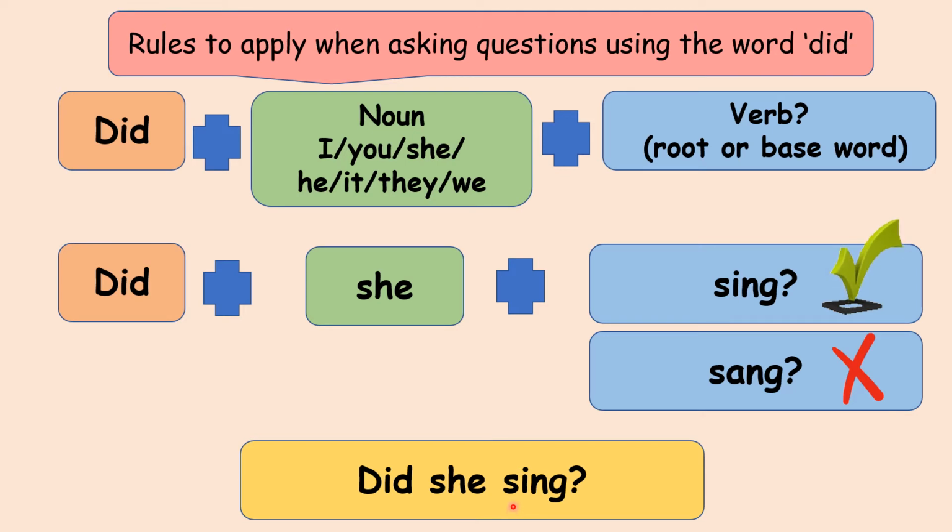We shouldn't use the word sang here because it is past tense. And when it comes to this kind of question, the verb, which is at the end of the question, should not be in past tense because the word did is already in its past tense form. So the correct question is, did she sing? Did she sing?